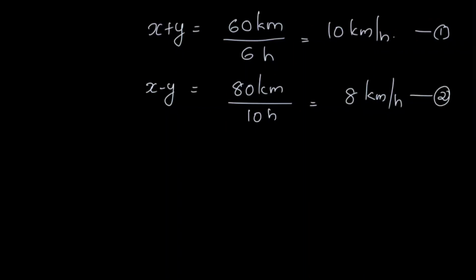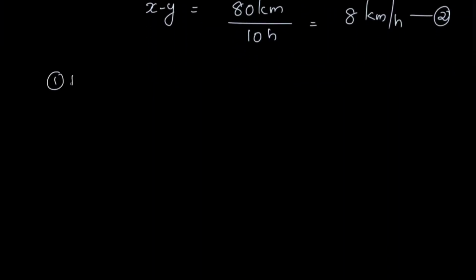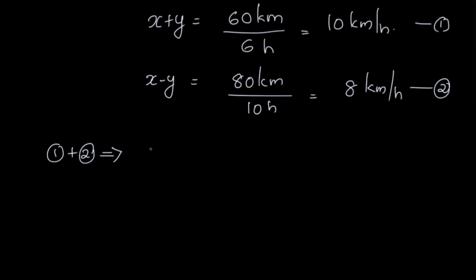From this, adding these two equations, we get 2x. Equation 1 plus 2: x plus x equal to 2x, y minus y equal to 0. So it is equal to 10 plus 8 equal to 18 kilometers per hour.